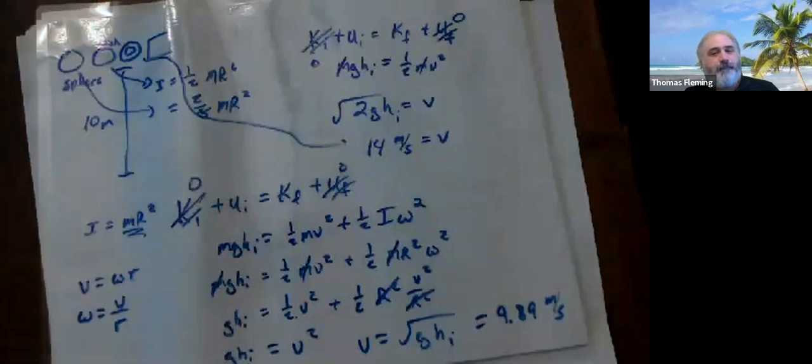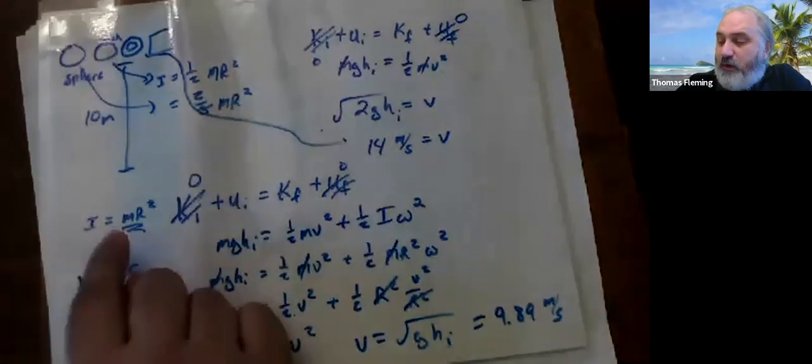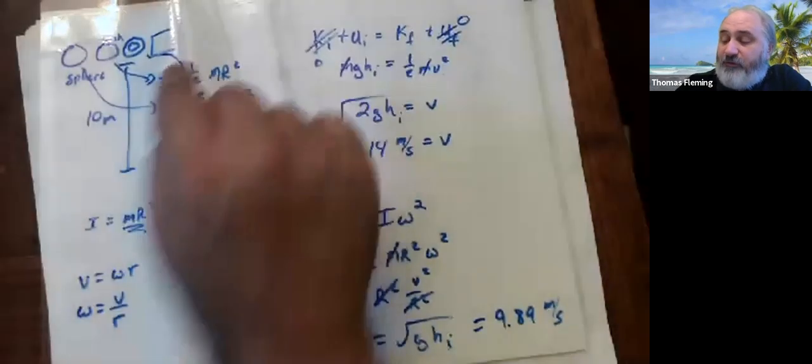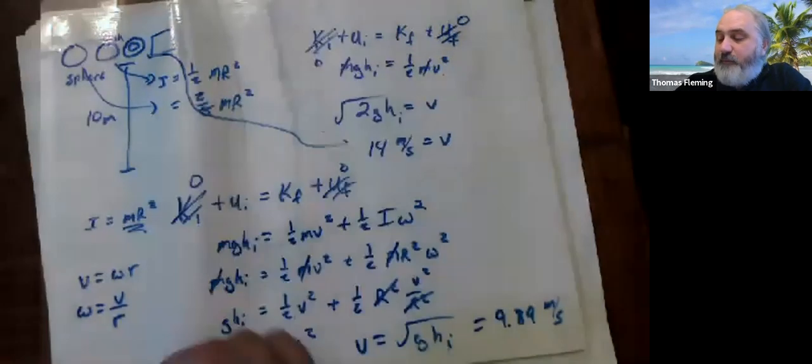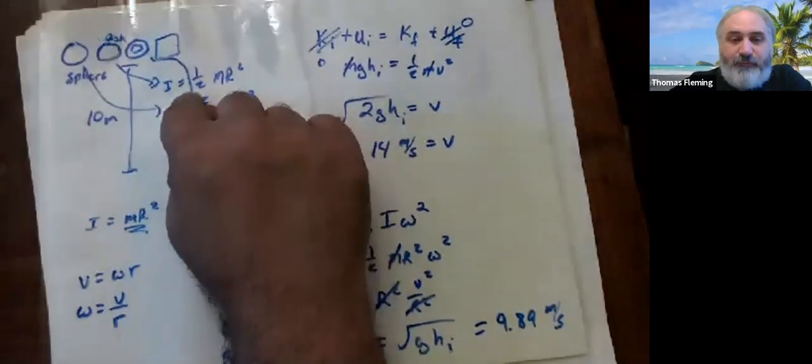So the hoop's going to be going the fastest. It's backwards. The hoop's going to end up going the slowest of the three because mr squared is bigger than both of these. And of the three of them, 2/5 is slightly smaller than 1/2.